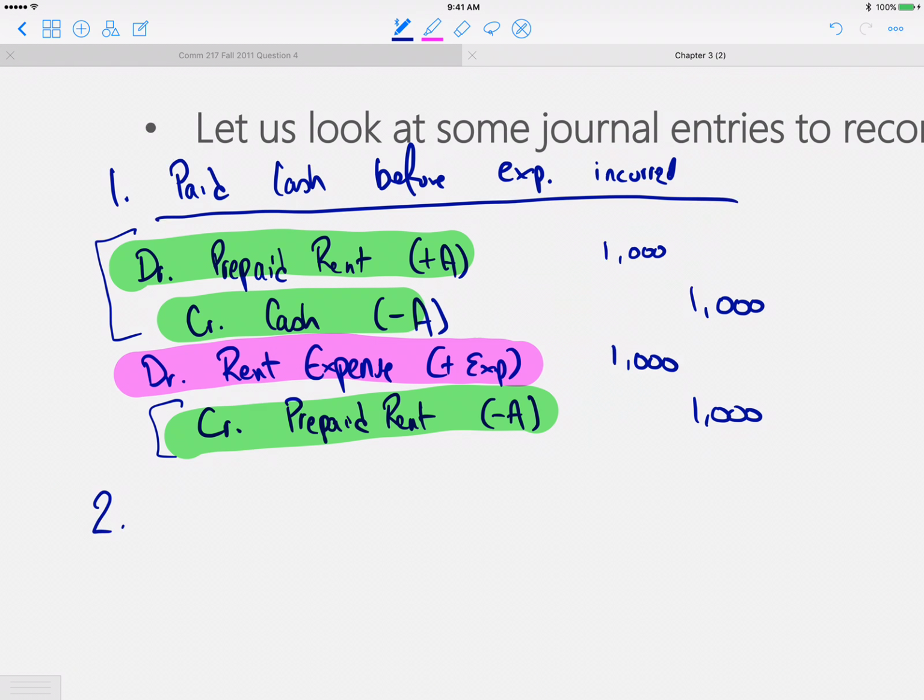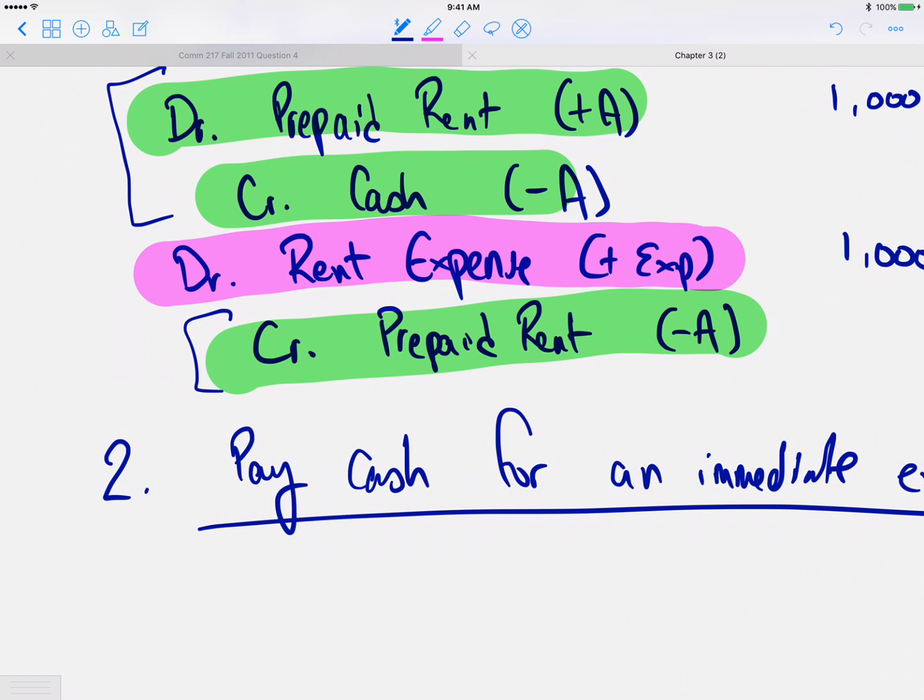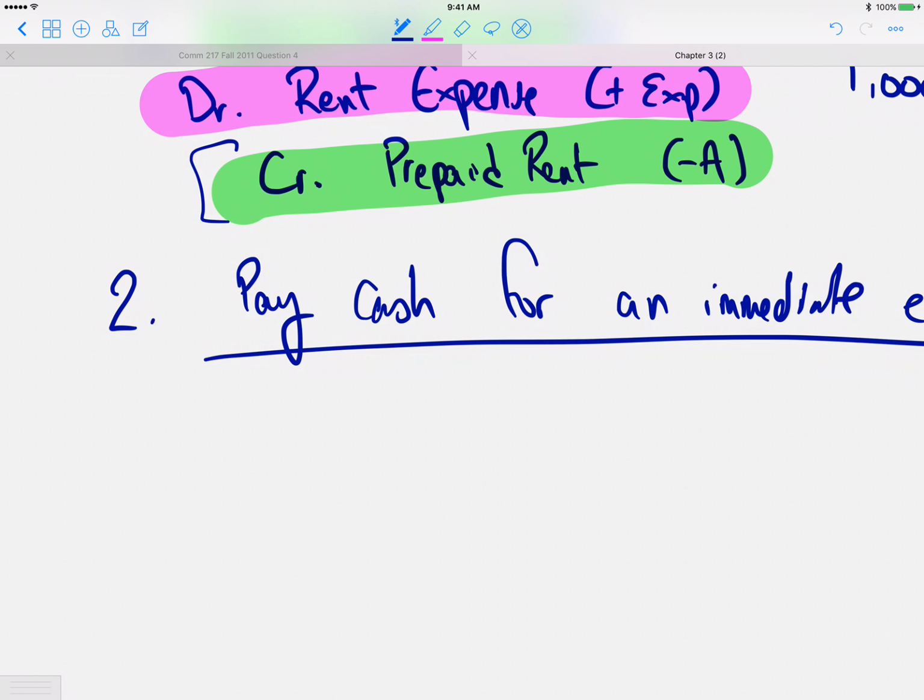Now let's talk about a situation where we pay cash for an immediate expense, right? For an expense that we're incurring right now. So let's say we've paid for advertising, and we're going to use it up in one shot. We're going to use it right now. So we would debit advertising expense.